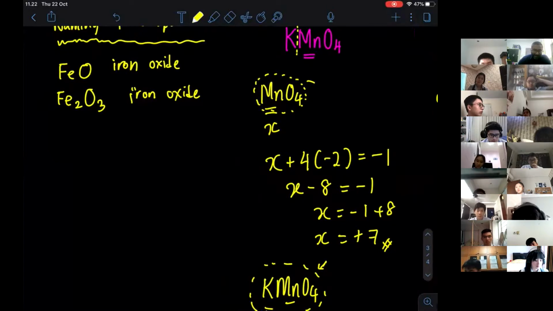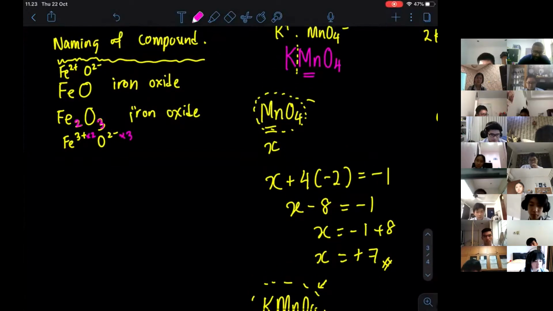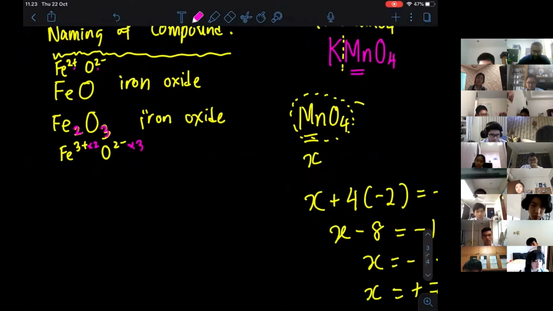So let's look at the oxidation number. This is Fe2+ and O2-. This is Fe3+ and O2-. Then I times with 3, I times with 2, and they came over here. For FeO, they are the same, so I no need to times.